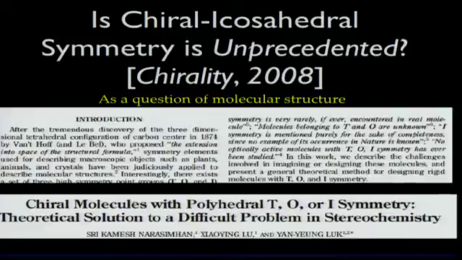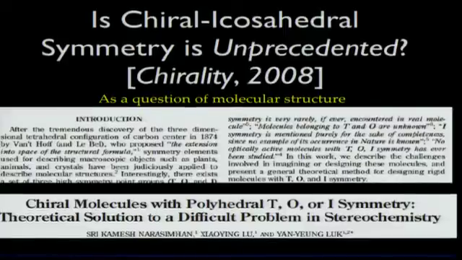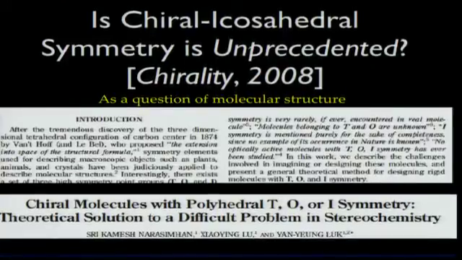This I pulled from this chirality article from 2008, and it says no, and they're quoting from the standard inorganic textbook: molecules belonging to these groups are known, but no example of its occurrence in nature has ever been studied. And I don't think these statements hold up anymore, even by the rigorous standards of structural chemists.